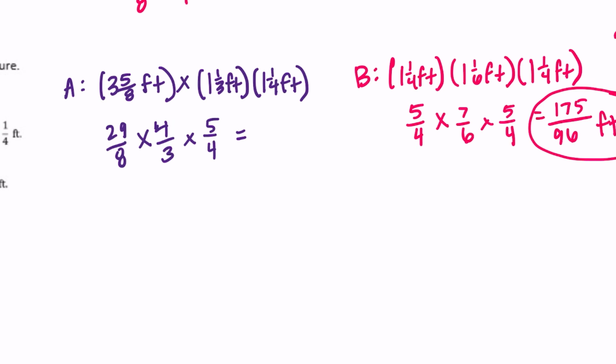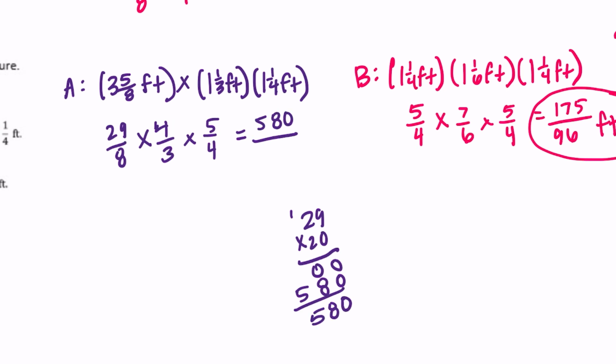So 29 times 20. Let's do it. It's 580. And then 8 times 3 is 24. 24 times 4 is 96.